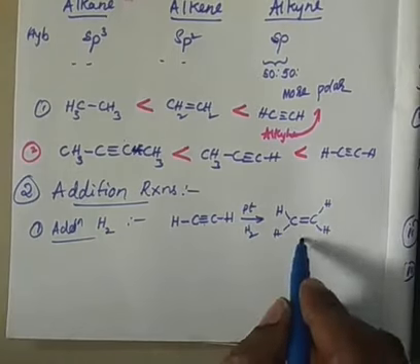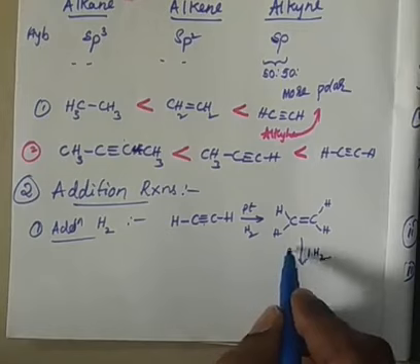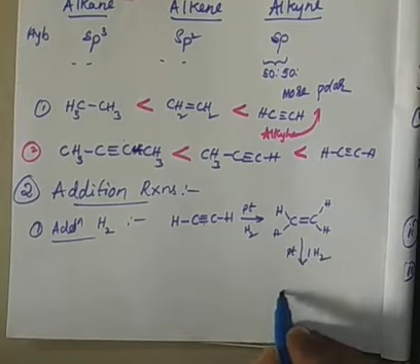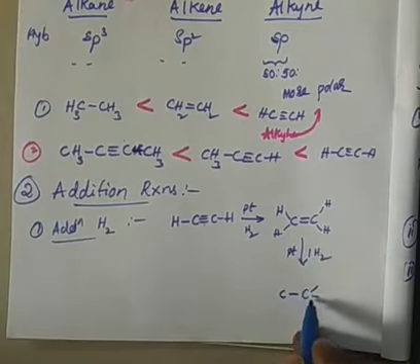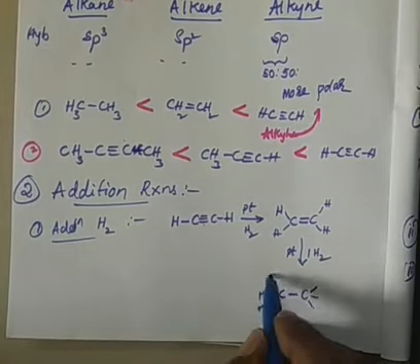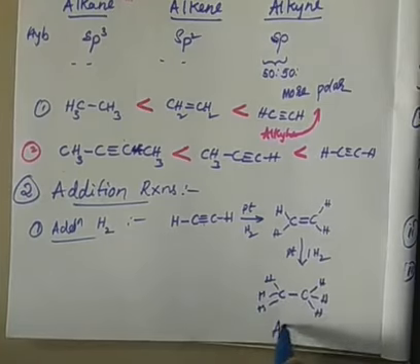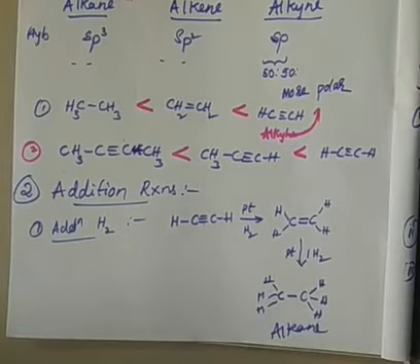But if you take one more molecule of H2 in the presence of platinum, palladium, again this will become an alkane. That means alkyne consumes 2 molecules of H2 to form alkane, right?